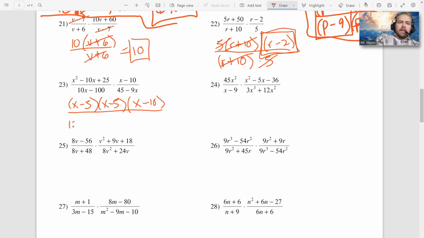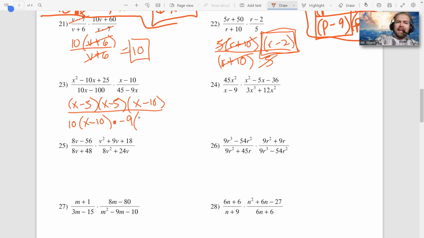10 factors out from here, x minus 10. And over here, a 9 factors out. Since you normally want to have the x out first, because all the other things are written with x first, this one's kind of written a little funny. Since we want to keep the x as just an x, I would probably factor out a -9.